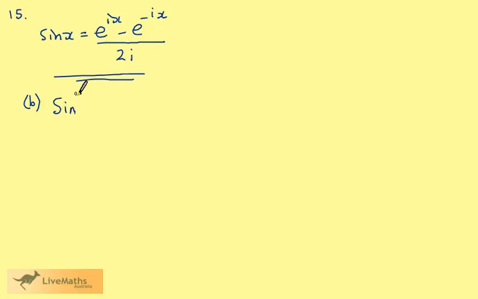So sine to the power 5 of x is e to the ix, take away e to the negative ix, over 2i to the power 5. And we can do this directly on the calculator.